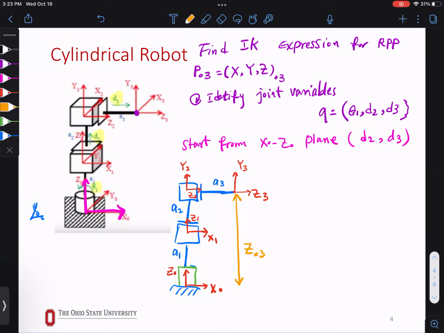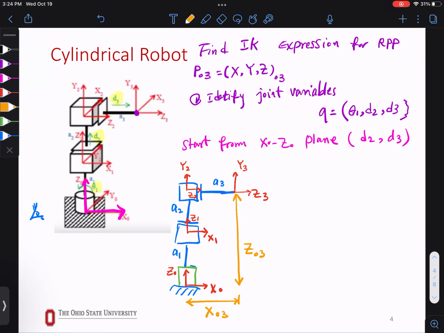Can I say I also know this is X0,3? So this is the position of the end effector in our base frame in the X direction. This is the position in the Z direction. Now, these are known, right? Because we're solving inverse kinematics, we know the position of the end effector. That's the only thing we know.